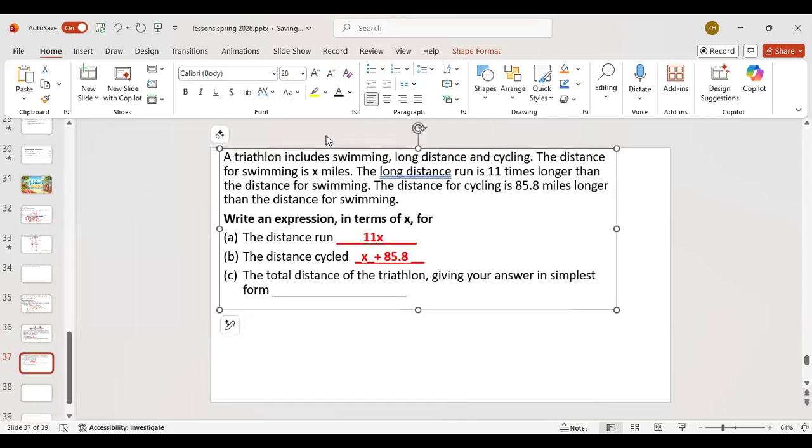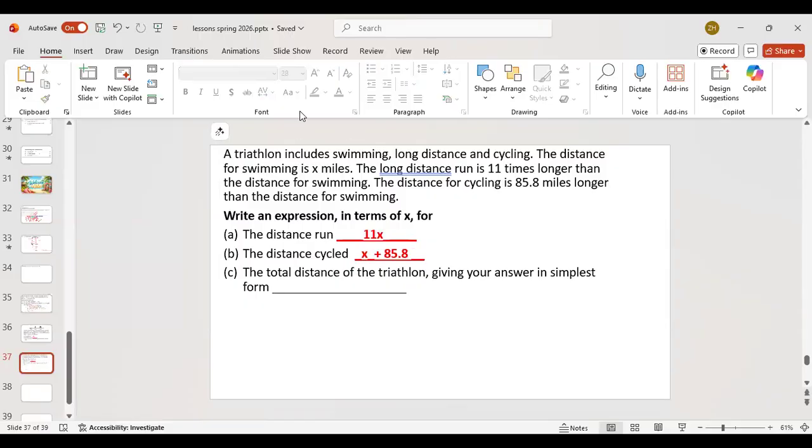So the total distance is going to be, we have to add up all of them, right? So we have to say x plus, so let's go ahead and do that.